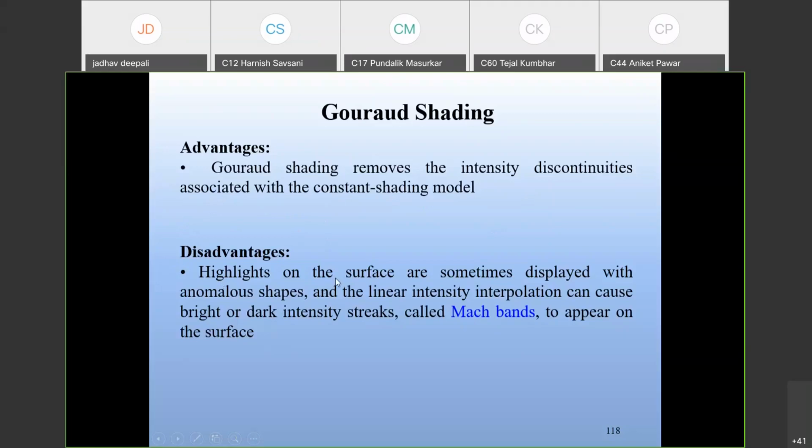Highlights on the surfaces are sometimes displayed with anomalous, that is abnormal, shapes. If the surface has abnormal shapes, finding the exact vertices common between multiple polygons is very difficult. Also, linear intensity interpolation can cause bright and dark intensity streaks, called Mach bands, to appear on the surface. So these are the disadvantages of Gouraud shading.